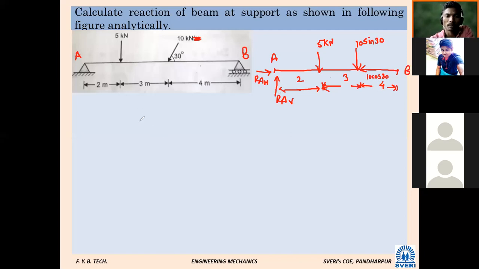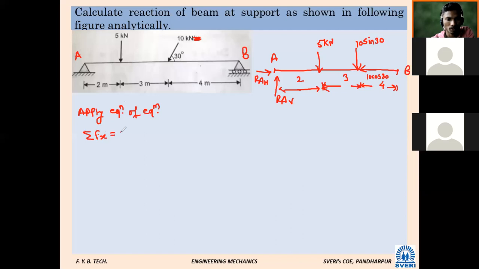Which equation will we apply first? Summation Fx. Is it possible to apply summation Fx? Yes. Equation of equilibrium: summation Fx is equal to 0. Tell me the equation. RAH plus or minus?